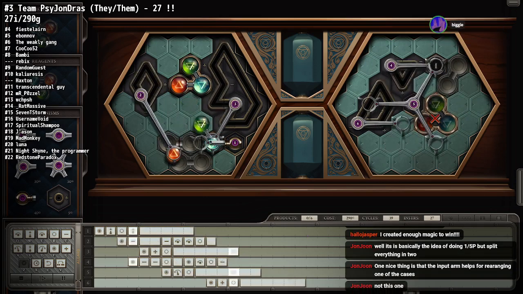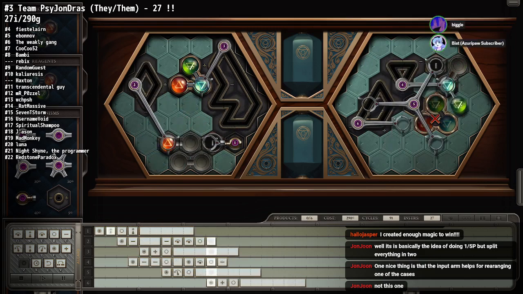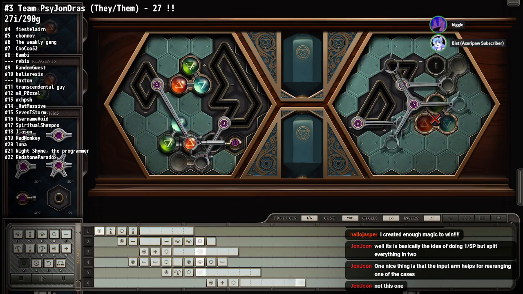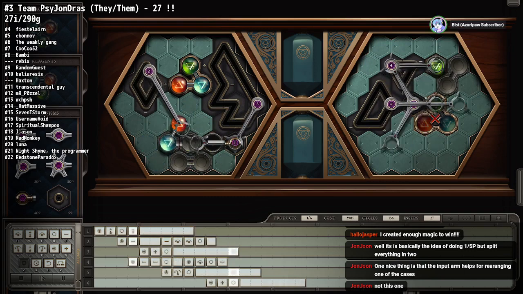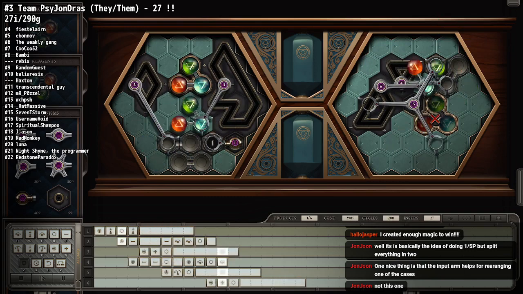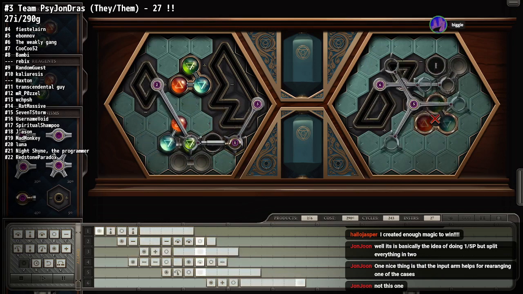I love that it takes... It does, yeah. This one sends it back down. Oh yeah. That's why it's shaped the way it is. That's a great use of the input arm. Wow, we only beat this on cost, and not by much.